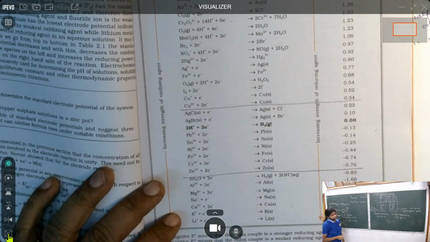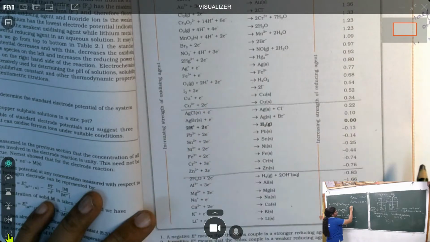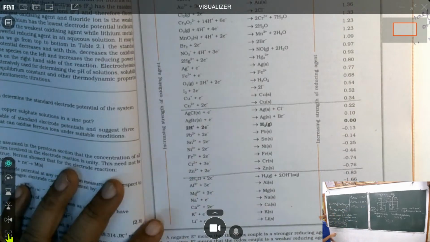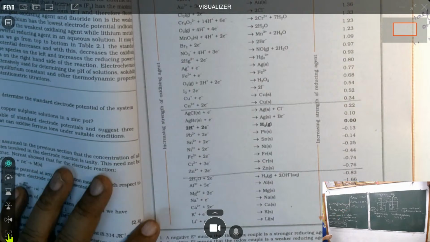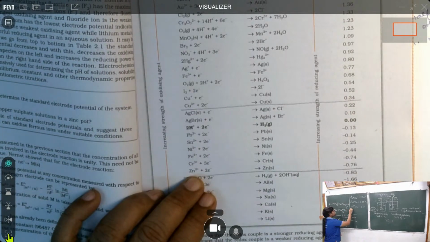Now you write down this equation Cu2 plus 2e. Put lines to isolate them, if you write everything in one place it gets confusing. Cu2 plus 2e gives Cu, for which we are given the reduction potential, right? Okay, then what is the Zn2 plus 2e? Write down Zn plus 2e.